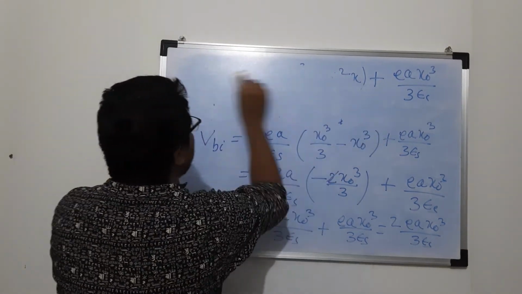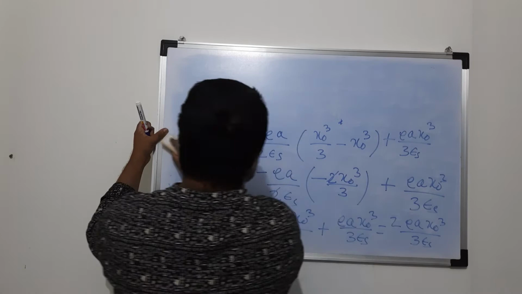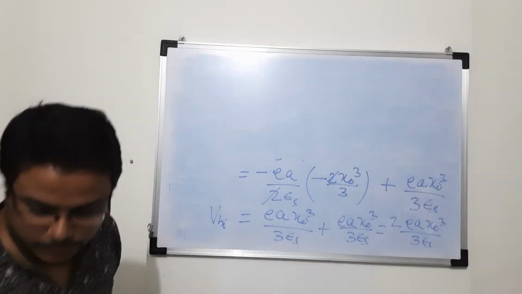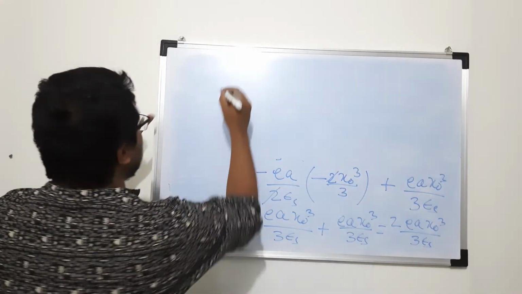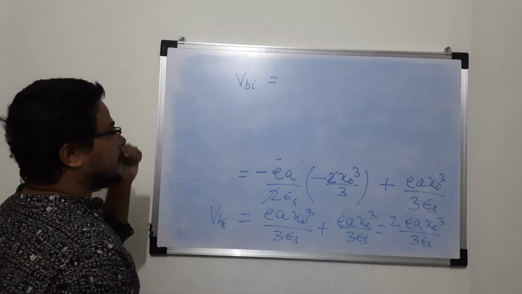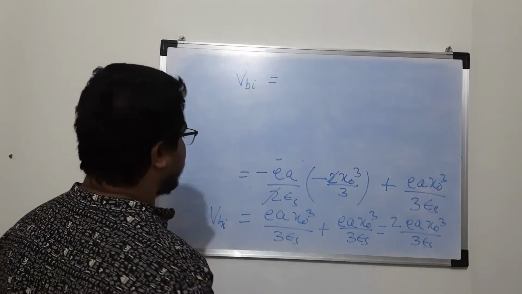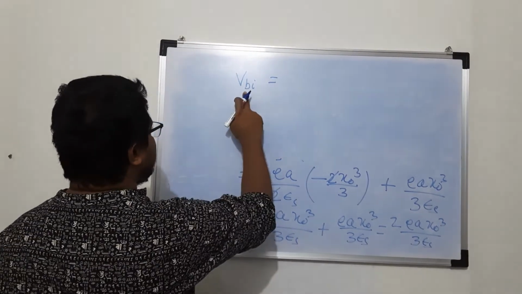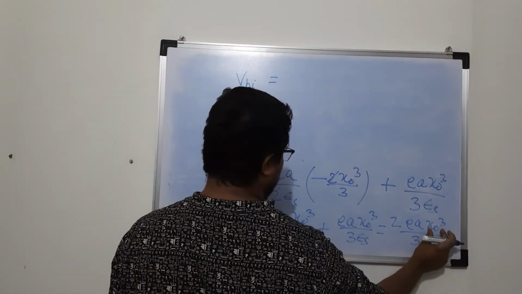So VBI we got in terms of x0. So VBI, the built-in potential barrier in a graded impurity distribution PN junction, or a non-uniformly doped PN junction, we got the VBI value in terms of what?